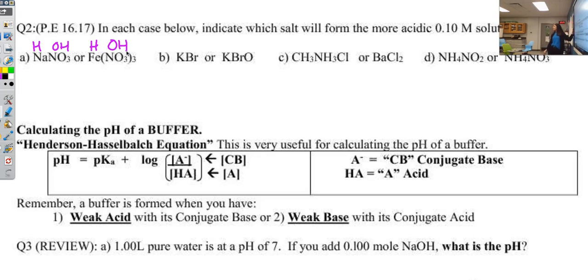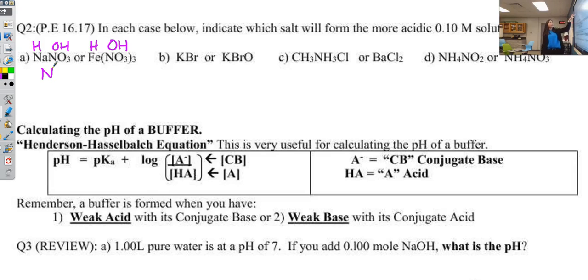So you don't have to write them all out. In your head, you're going to do this so that it's a lot faster. What acid do you have in NaNO3? HNO3. Strong or weak? Strong. What base do you have? NaOH. Strong or weak? Strong. So you have 2 strongs, which means this should be neutral. Just write an N for neutral there.